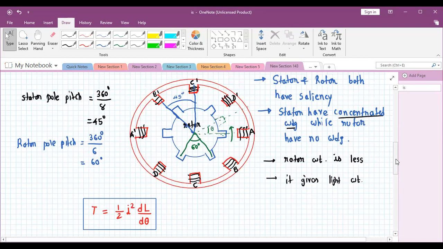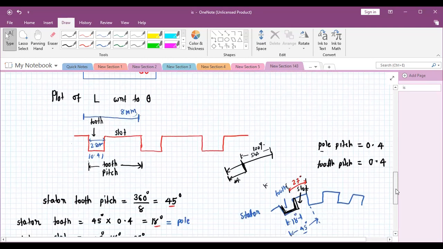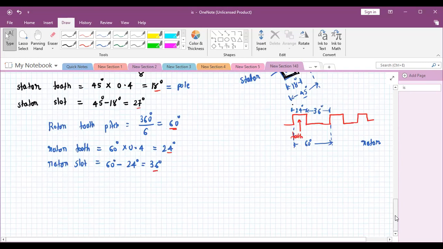That's why the inductance of every phase will vary, and if the inductance of every phase varies, dL by d theta will occur, then we can develop a torque.